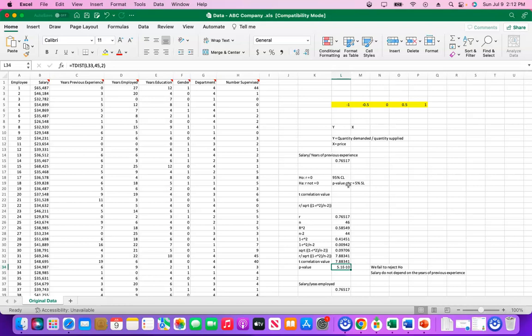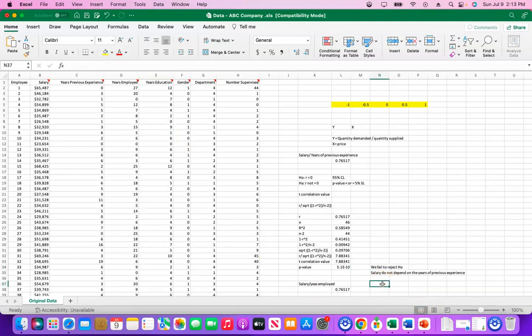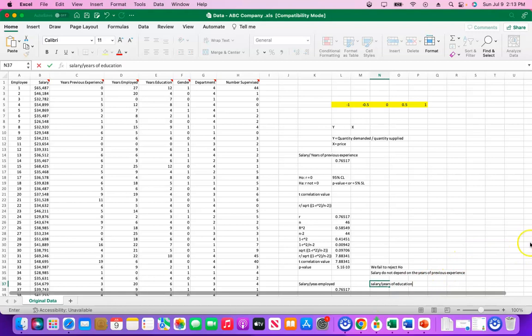So let's use another variable. Let's look at the correlation between salary and years of education. Let's see what answer we get here.